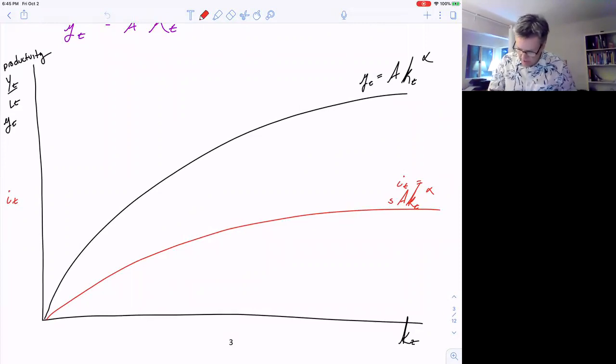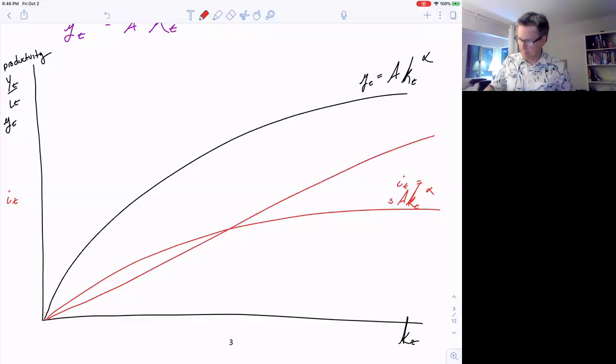So it's going to be something like that, just a straight line. So this will be delta times little k sub t. That's the depreciation line.